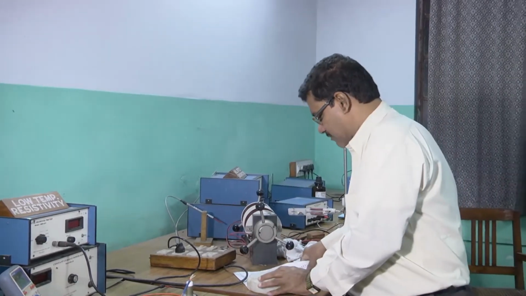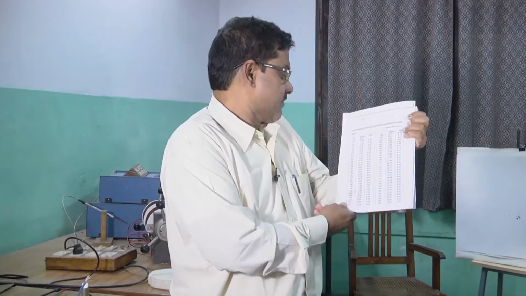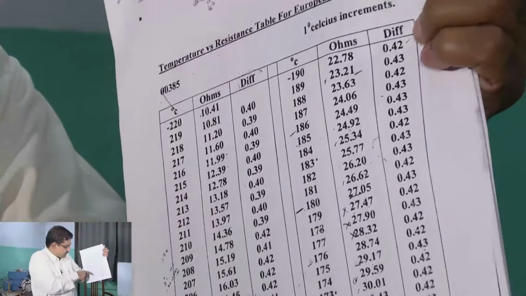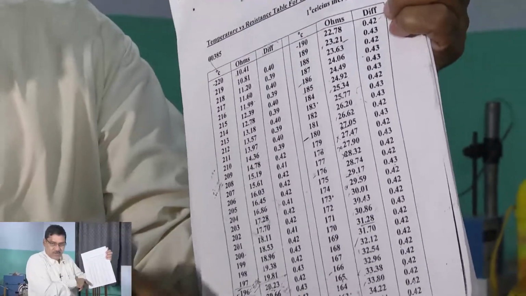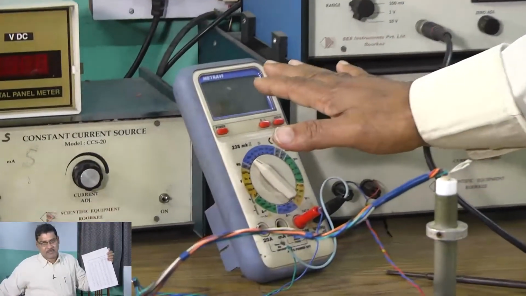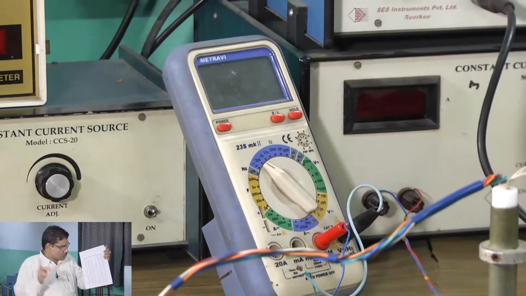So this is the calibration chart. Okay. So this is ohm, this is the resistance at different temperatures. So this meter will tell us the resistance of the platinum, and the corresponding temperature we will get from the table.